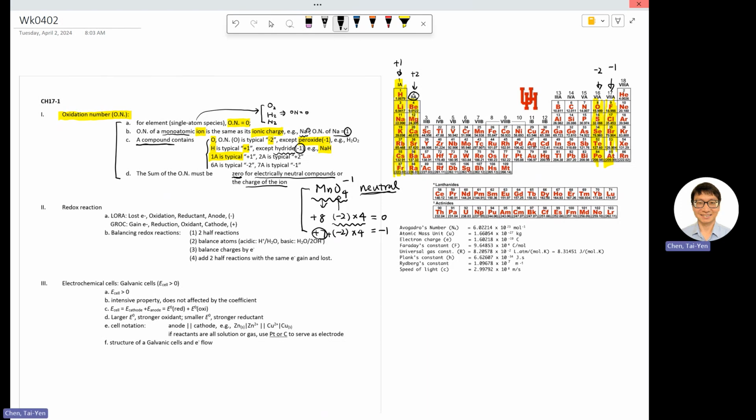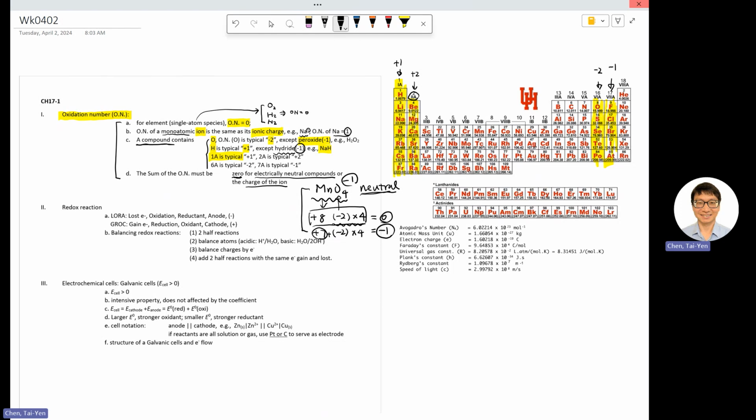This is just a simple example showing that if your compound carries a charge, then the sum of the oxidation numbers of all the atoms will equal the charge. If there is no specified charge on the top right corner, then the sum of the oxidation numbers of all atoms will equal 0.